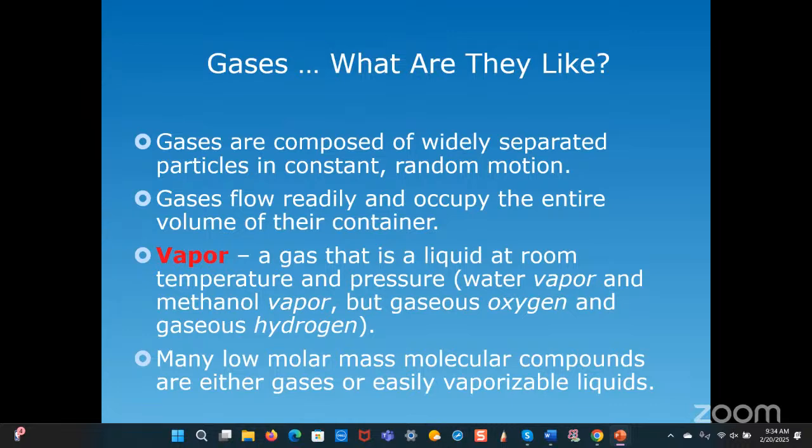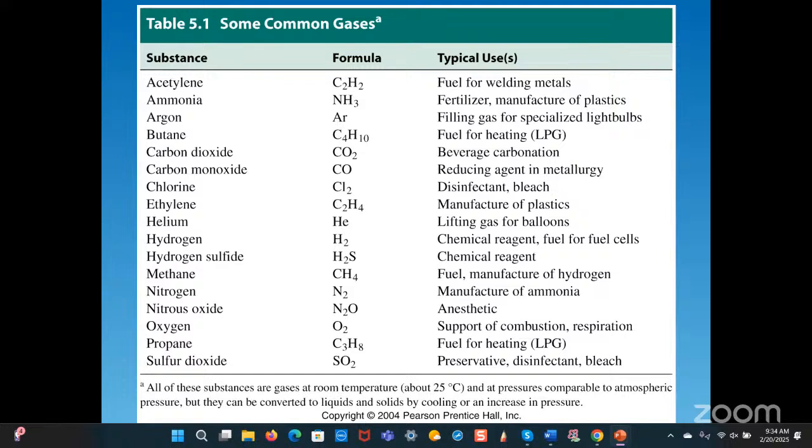So carbon dioxide is an example, water is an example, and so on. And here we have a list of different gases and their uses. I won't go through all of them, but you can read this on your own. So this is just to indicate that not only do we study gases because we're interested in them inherently, but we can actually use gases for certain purposes, right?